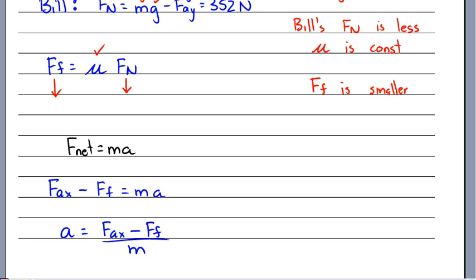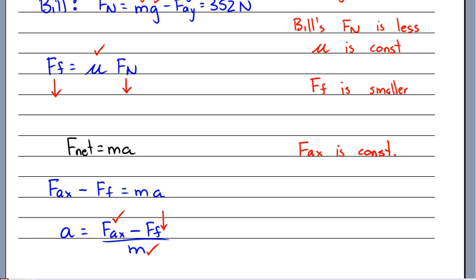Now we've already mentioned that the mass is constant, and that the force of friction for Bill is smaller. Maybe we should mention that the Fax is the same. So Fax is constant.